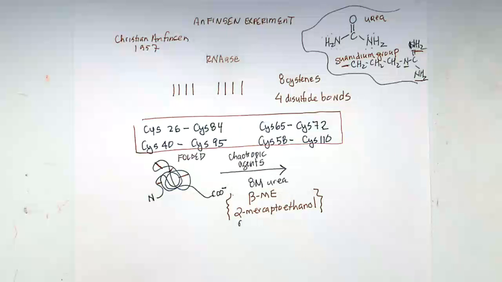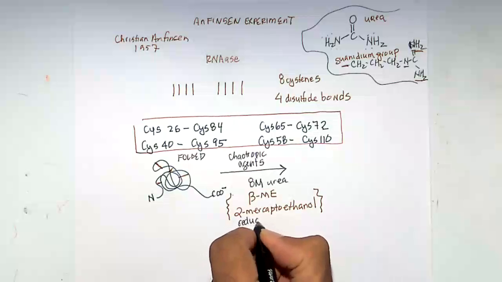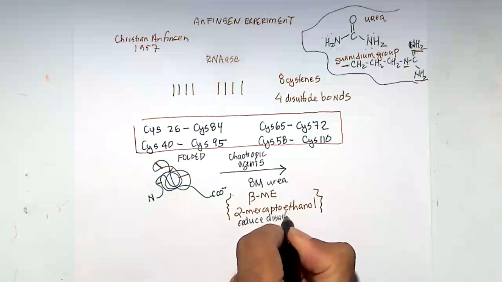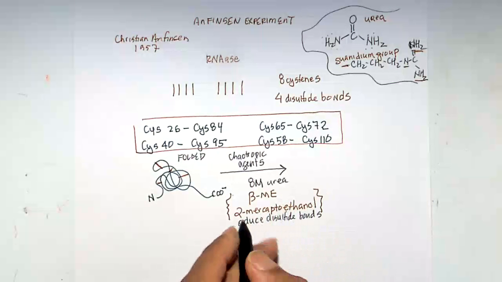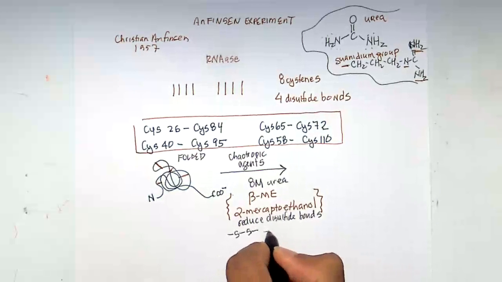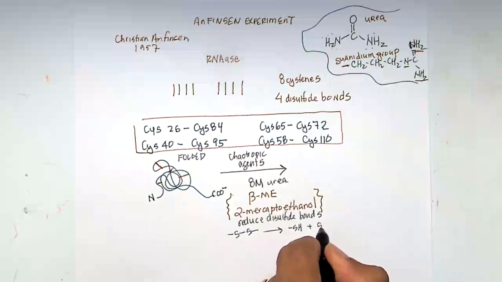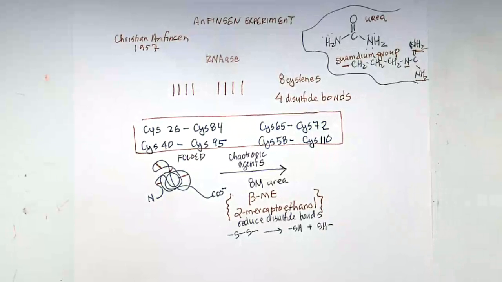It catalyzes disulfide exchange. So all of a sudden, instead of having disulfide bonds, you have SH groups, thiol groups. So the disulfides get converted to SH groups in cysteine.